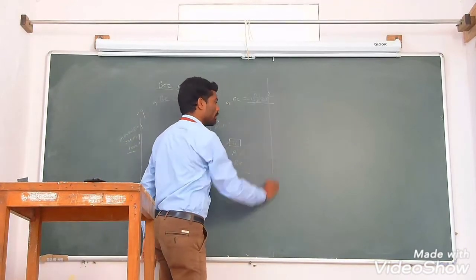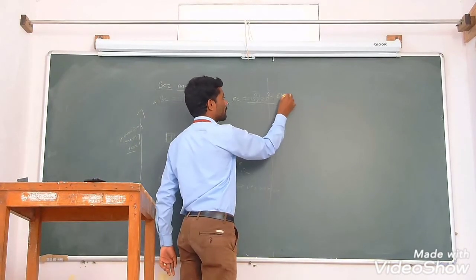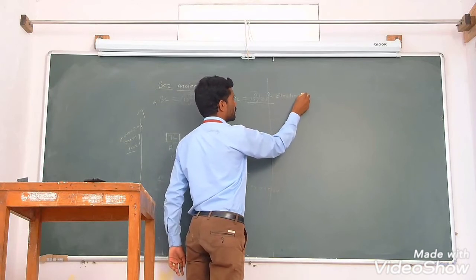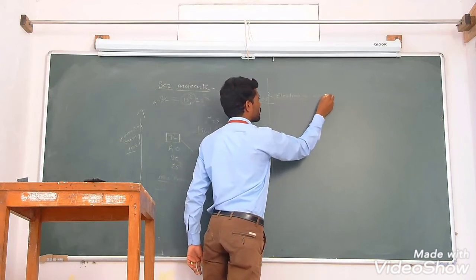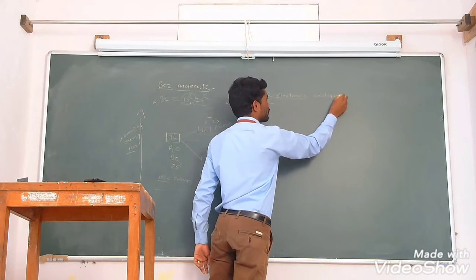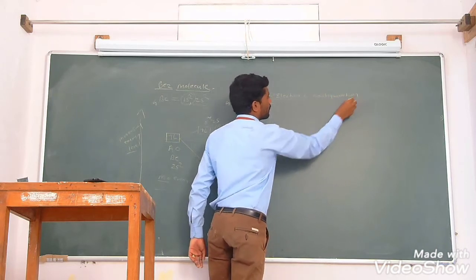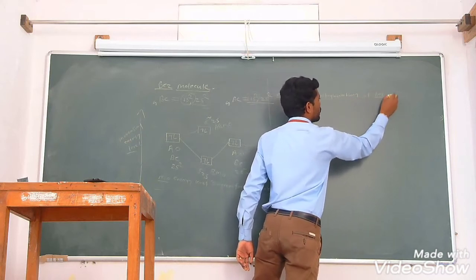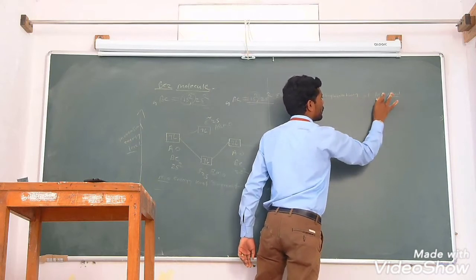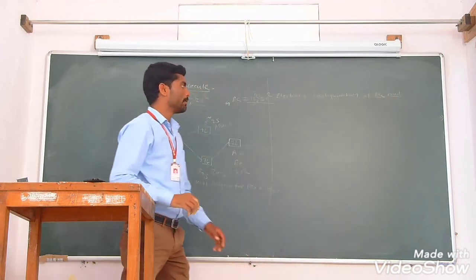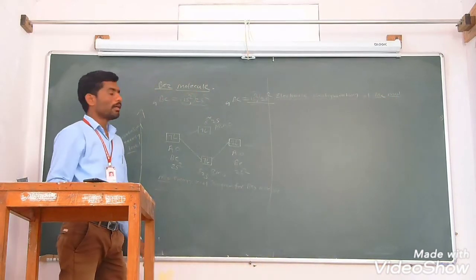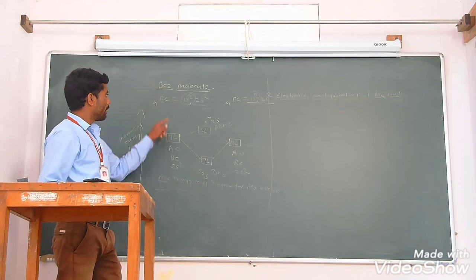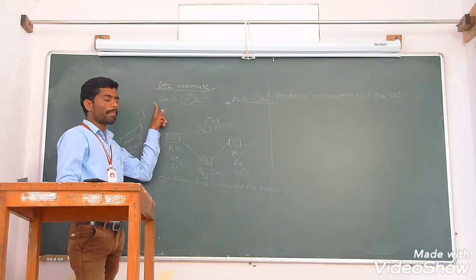Then the electronic configuration of the beryllium molecule. We know that the atomic number of beryllium is 4.